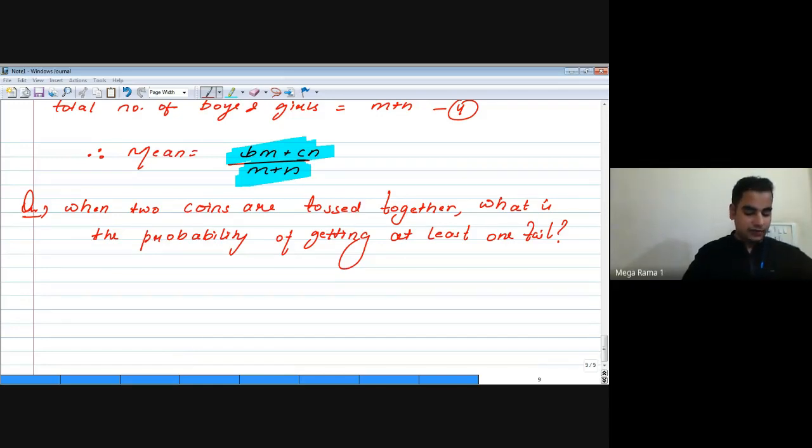Ashwin, what are the favorable outcomes that you have? No, no. When two coins are tossed, you never get 8 outcomes. 2 by 4, 9. That's wrong. That is wrong as well. Favorable outcome. Favorable outcome.